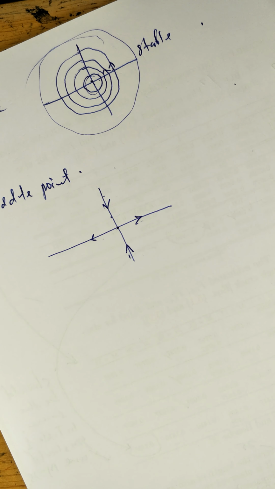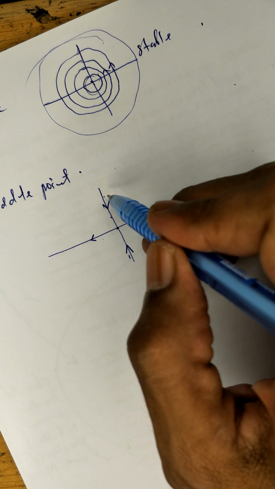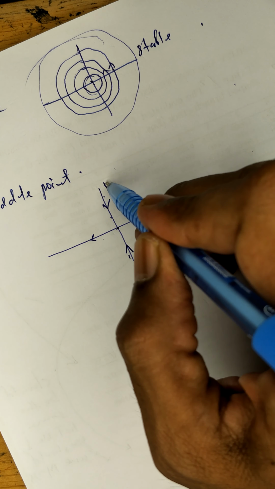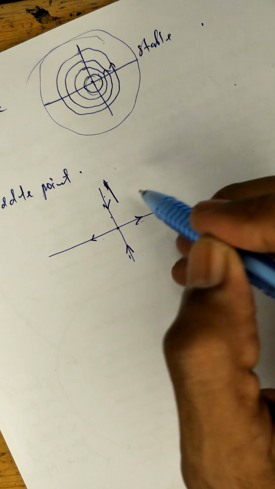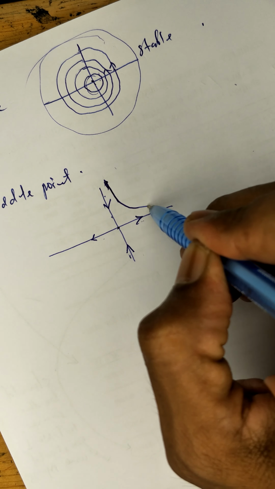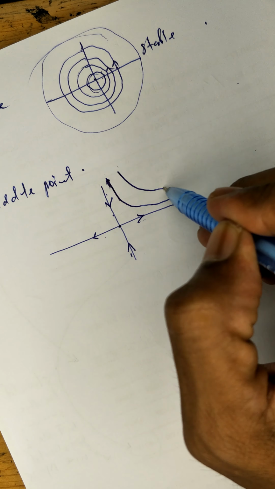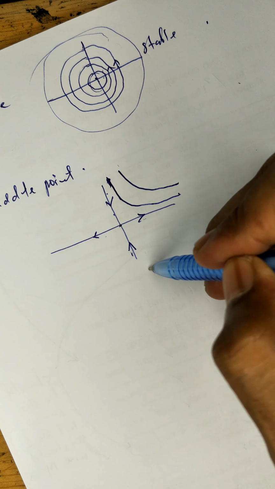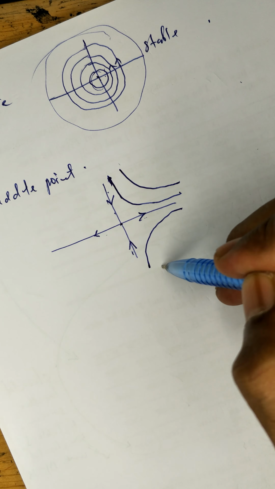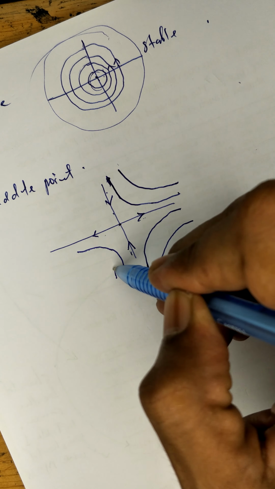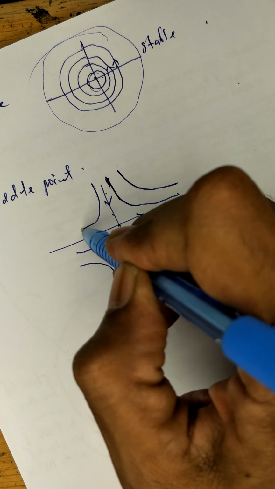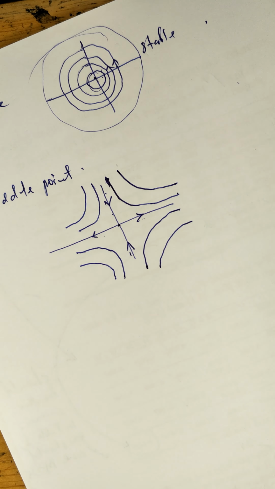Okay, so if you plot the other trajectories, it will look like this: along the y-axis we have this, and along the x-axis we have this, and the trajectories curve like that.